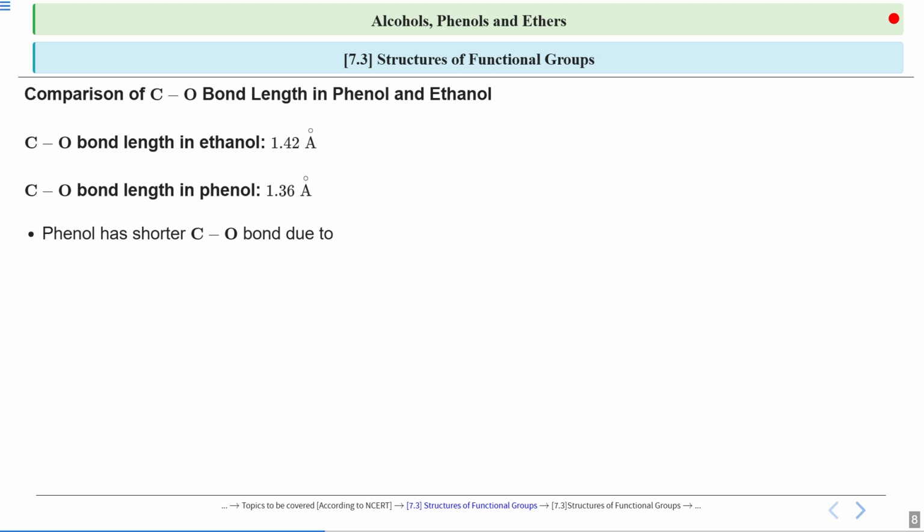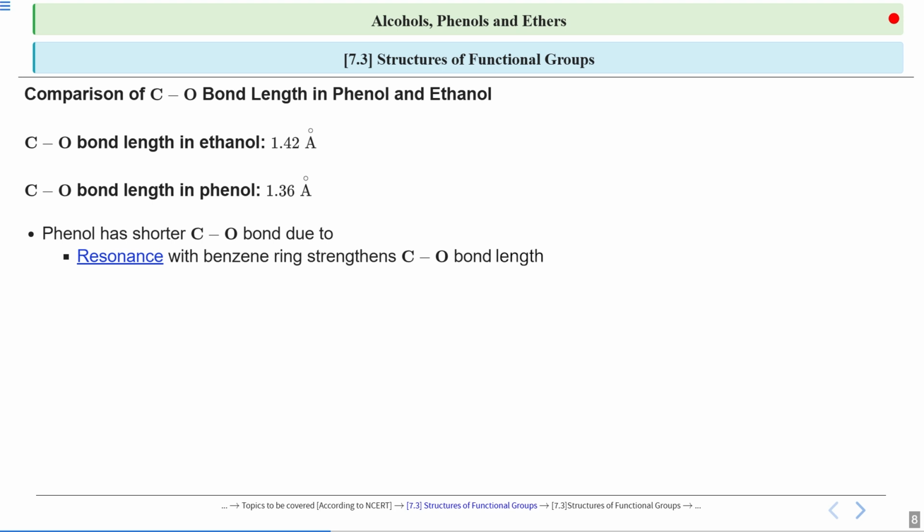Why is it so? First of all, it is due to the resonance shown in the benzene ring, which strengthens the CO bond. Due to the resonance shown by the benzene ring in phenol, the CO bond is going to be stronger, and a stronger bond means the bond length will decrease, because if the bond length is shorter, that means the bond is stronger.